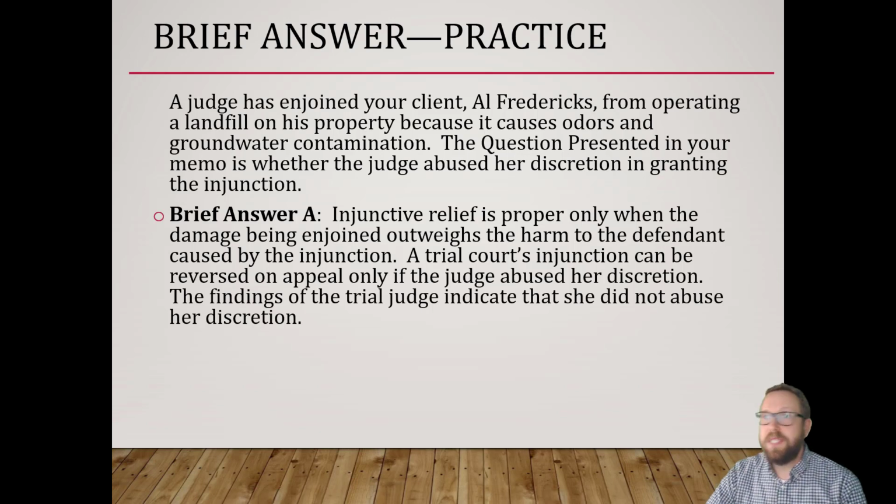So hopefully you notice it's missing some things. First of all, there's not the short one or two word answer. We need yes, no, probably, probably not. And then there are the elements there. Injunctive relief is proper only when blah, blah, blah. And then there's the conclusion. So this has the elements and the conclusion, but it doesn't state the short one or two word answer, and it doesn't summarize the reasons.